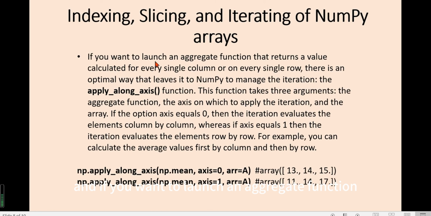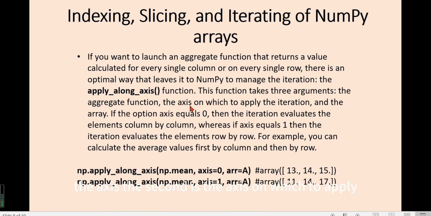And if you want to launch an aggregate function that returns a value calculated for every single column or every single row, there is an optimal way that leaves it to NumPy to manage the iteration. We can use the apply_along_axis function. This function takes 3 arguments. The first is the aggregate function.